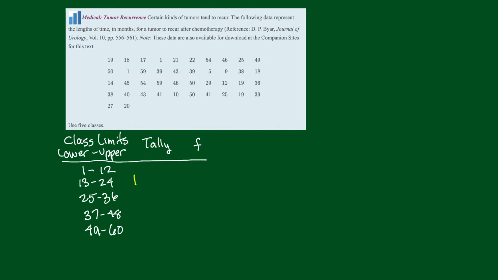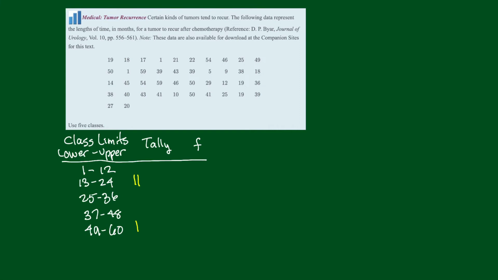The next piece of data is this 50. Where does 50 belong? That's going to go down here, so I'll give that a tally of 1. Then the next piece of data is this 14. The 14 belongs in this class right here, so I'll give that a tally of 1.